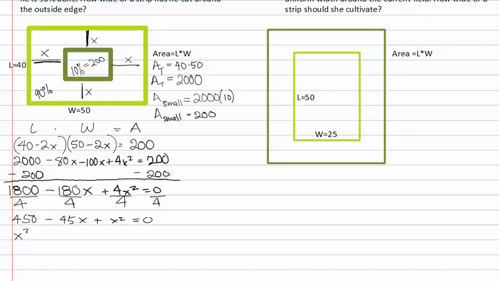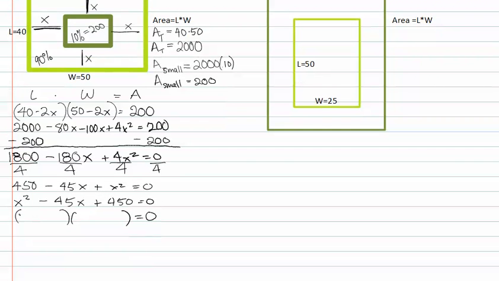Rewriting with order of descending exponents will make it easier to factor. When we factor it and set the factors equal to 0, we get x minus 15 and x minus 30 as my binomial factors.